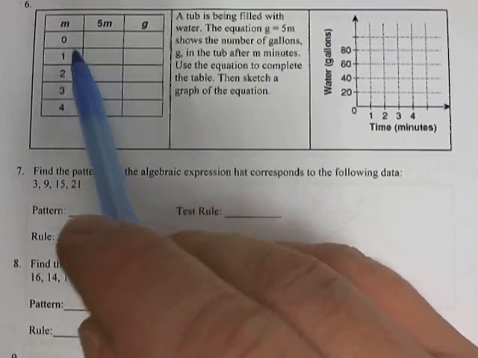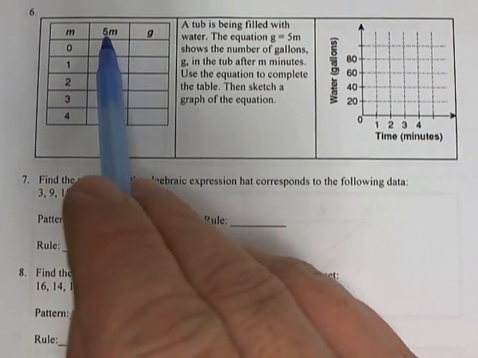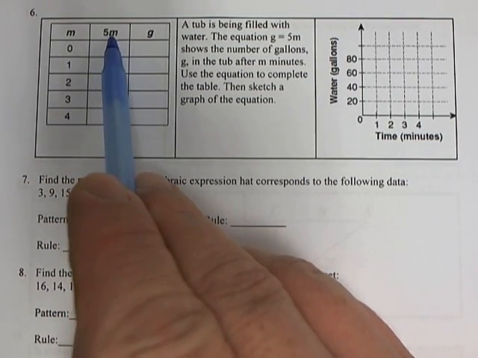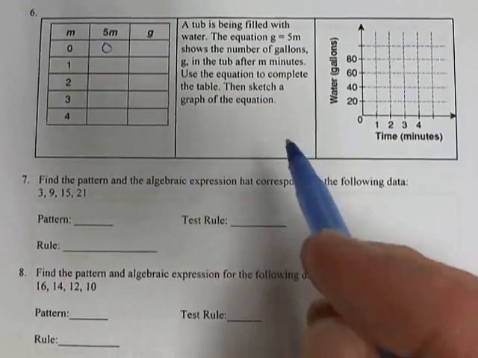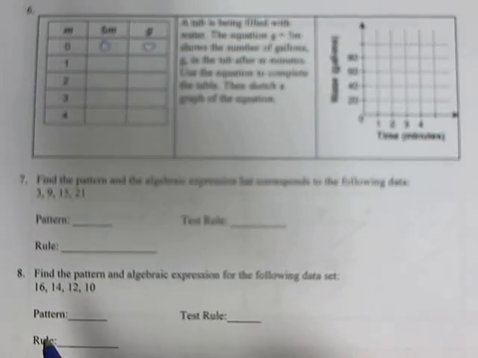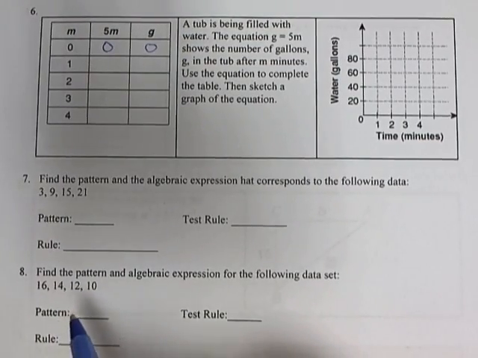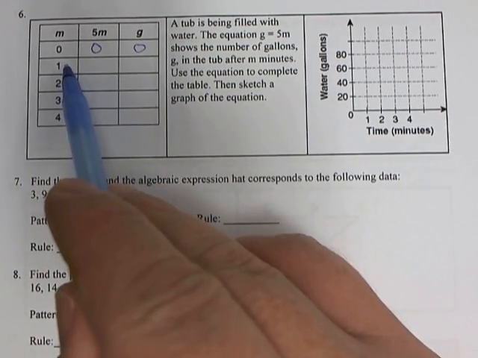Okay, so we're just going to substitute minutes into the equation. And here's our process. Our process is our equation, so 5 times M. So 5 times 0 is 0. So how many gallons at 0 minutes? There's no water in the tub at 0 minutes. Now we're going to turn on the water and for 1 minute. How many gallons after 1 minute?